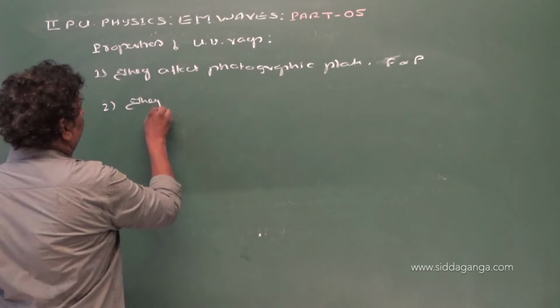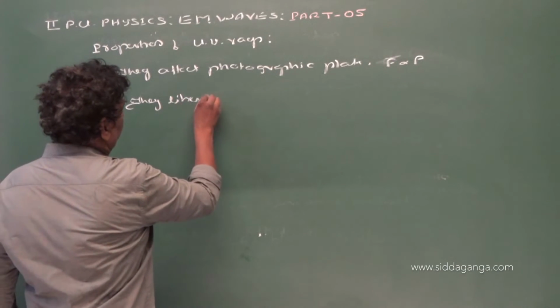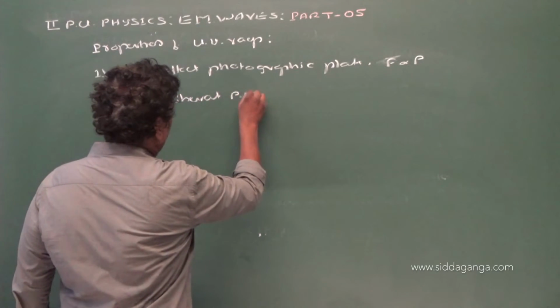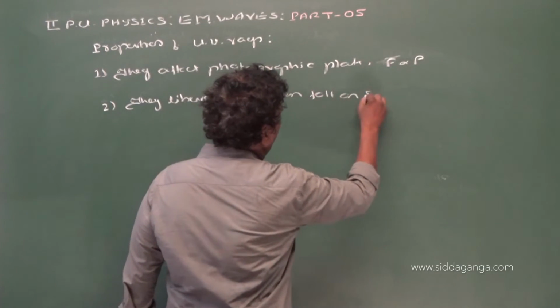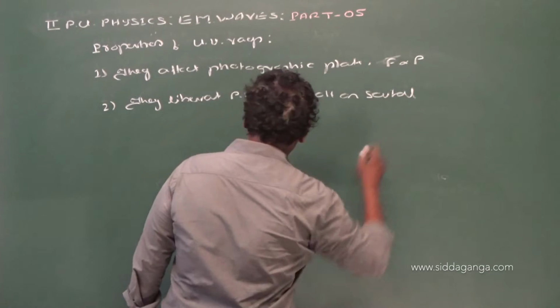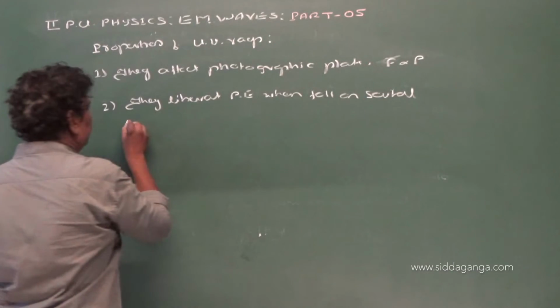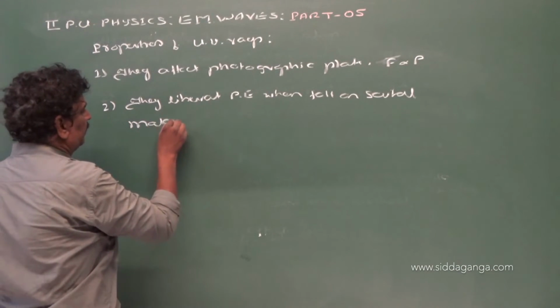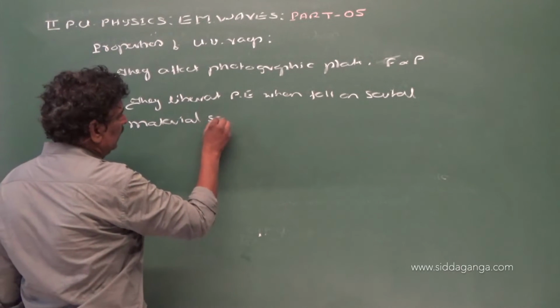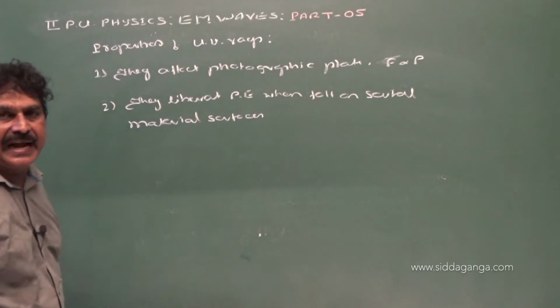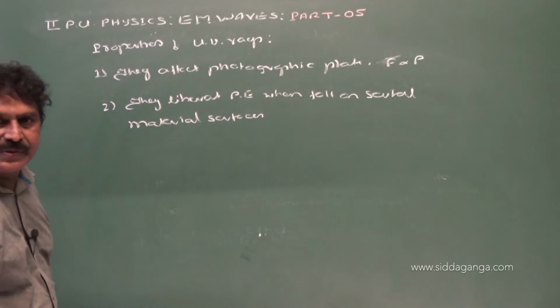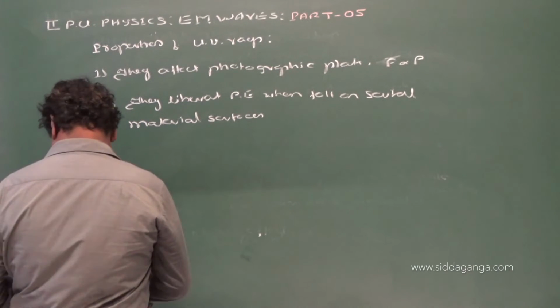Number 2, they liberate photoelectrons when they fall on suitable material surfaces, just like zinc and cadmium, they produce the photoelectric effect.